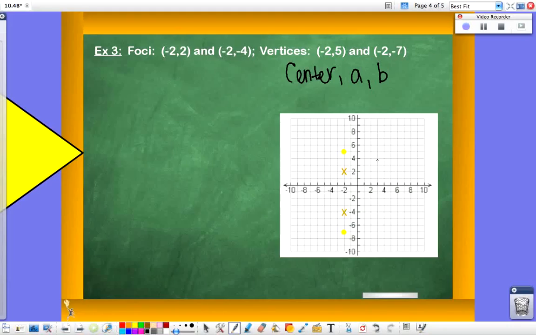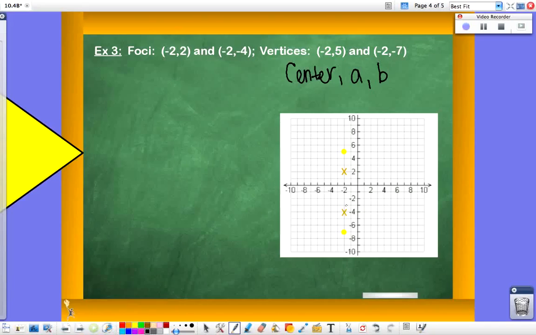So first of all, let's talk about finding that center. Now you should remember that the center lies, ironically enough, in the center of everything. So whether I consider the center of the foci or the center of the vertices, the center lies smack dab in the middle. So let's look at it from the view of the foci. I've got a foci here at negative 2, 2 and a foci at negative 2, negative 4.